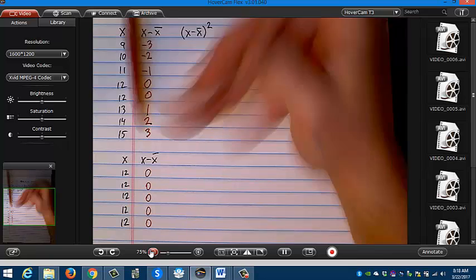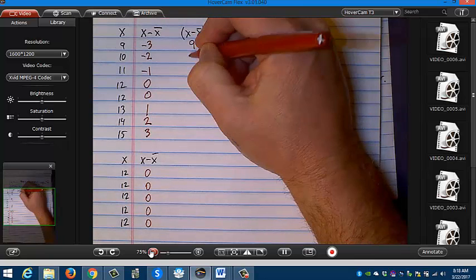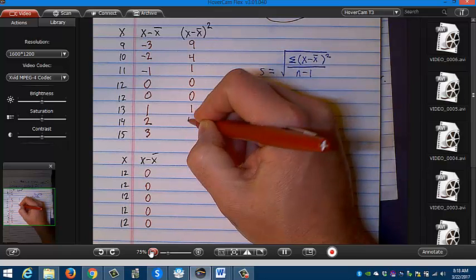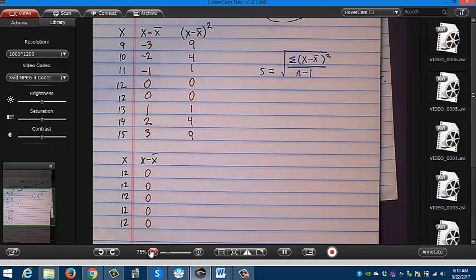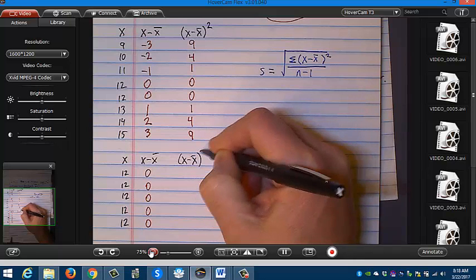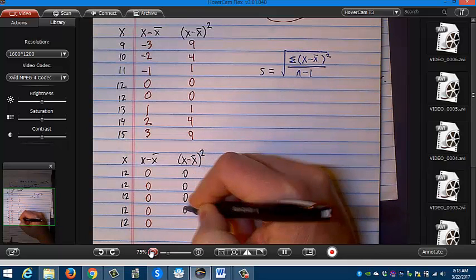I get 9, 4, 1, 0, 0, 1, 4, and 9. Correct? Does this make sense to you guys? Over here, if I did x minus x bar squared, I still get all zeros.